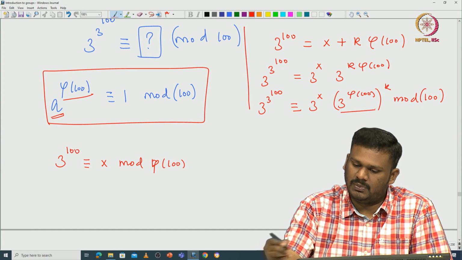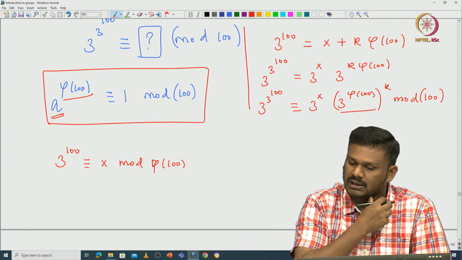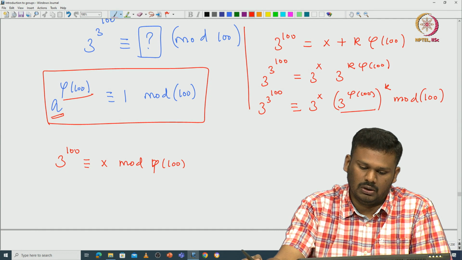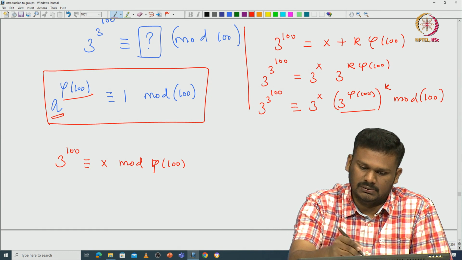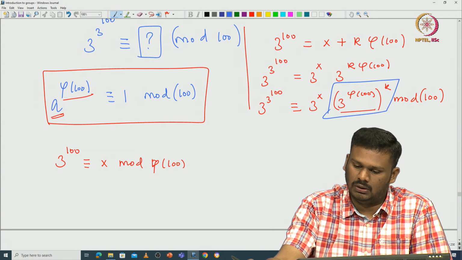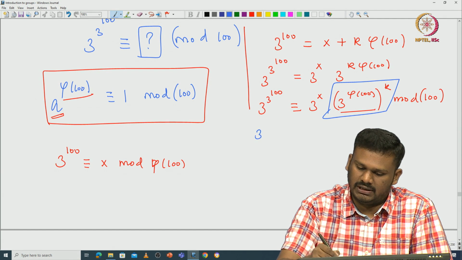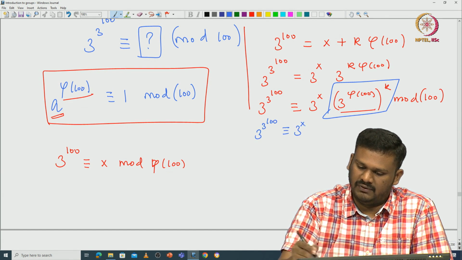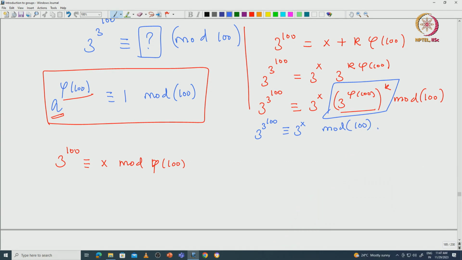But note that 3 power phi of 100 is congruent to 1 modulo 100. So this entire term will become congruent to 1 modulo 100. So that will tell you that 3 power 100 will be congruent to 3 power x modulo 100. So if you compute what this x is, that is going to tell you the answer.